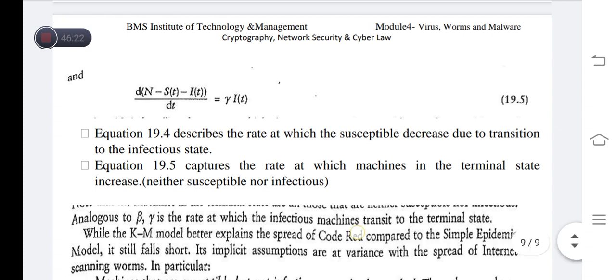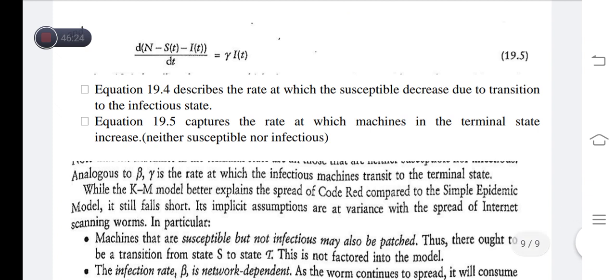Even though the KM model explains the spread of Code Red better compared to the simple epidemic model, it still falls short. A few disadvantages are present in the KM model, because its implicit assumptions do not match the spread of internet scanning worms.